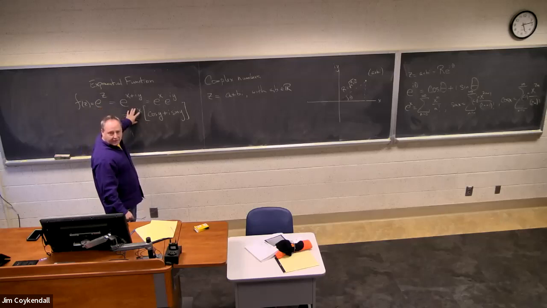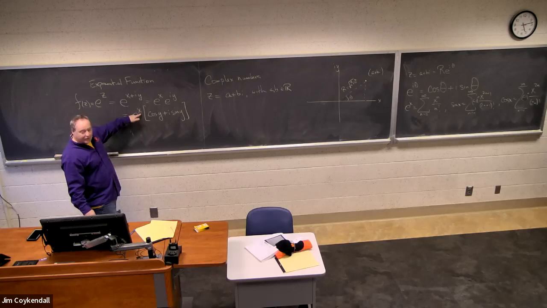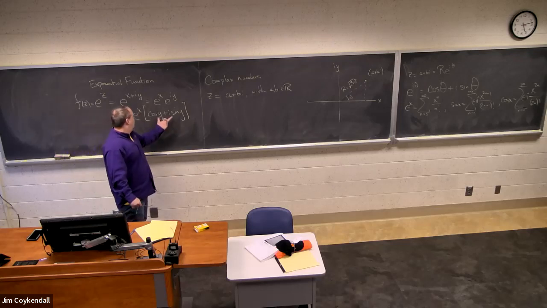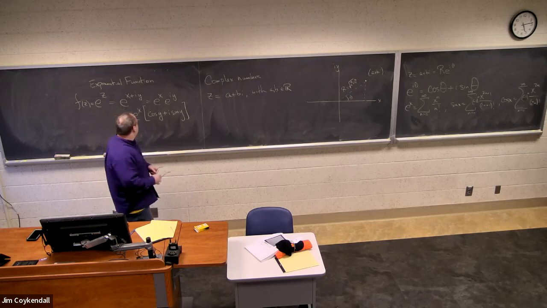So the real part controls the size of it. And of course, if x is a very, very large negative number, it's very small. And this thing sort of controls the angle, if you will. So notice it's got a little imaginary part.